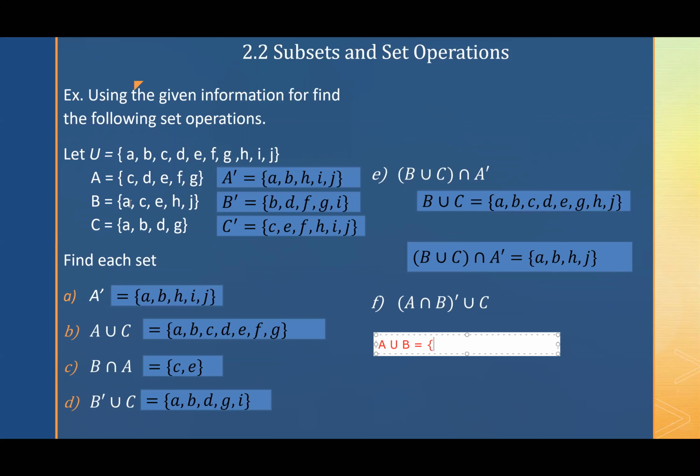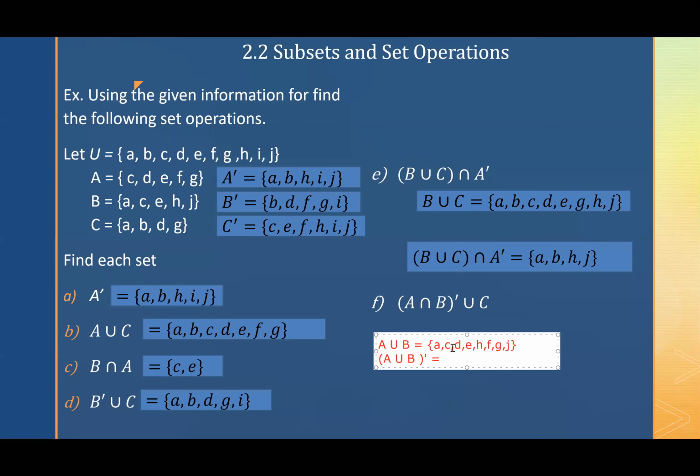It's not the same because if you look at this thing here, let's finish it out, which is again A union B. This is what we have: A, C, E, D, E, H, F, G, and J, right? But then they turn around and ask you the complement of that.